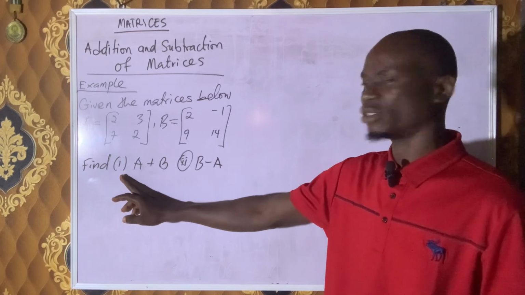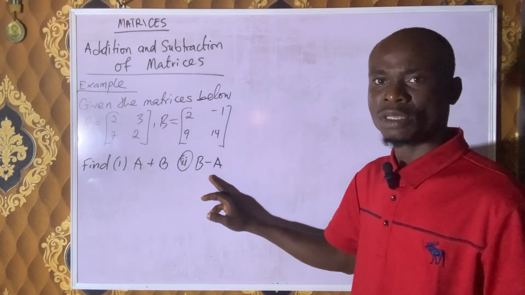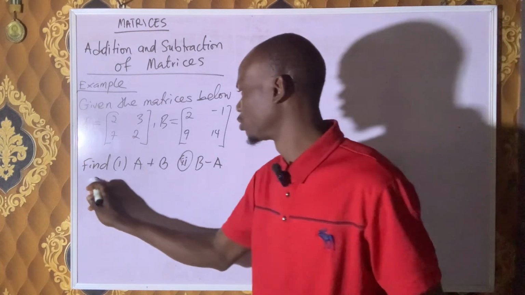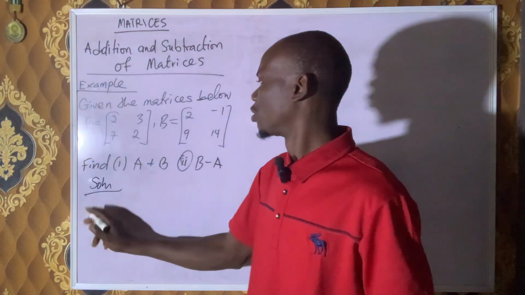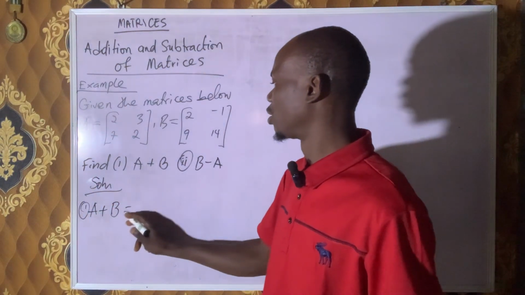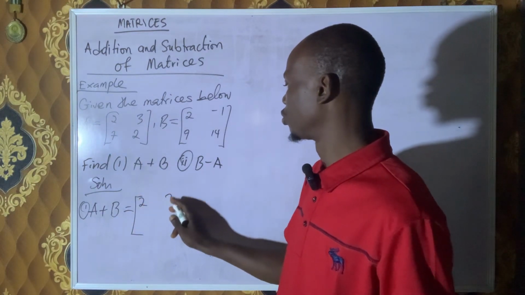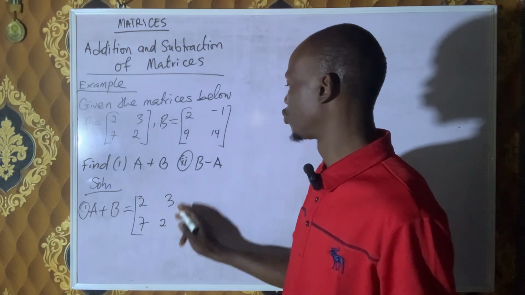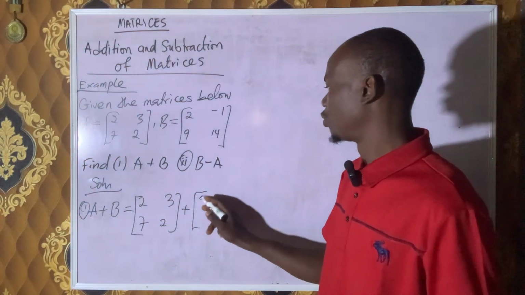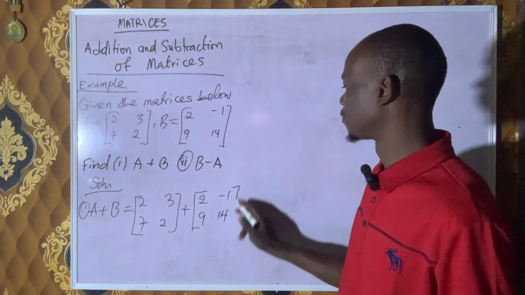Find number 1, A plus B, and number 2, B minus A. When you see a problem like this, take the matrices A plus B, which means your matrix A, which is 2, 3, 7, 2, plus your matrix B, which is 2, minus 1, 9, 14.